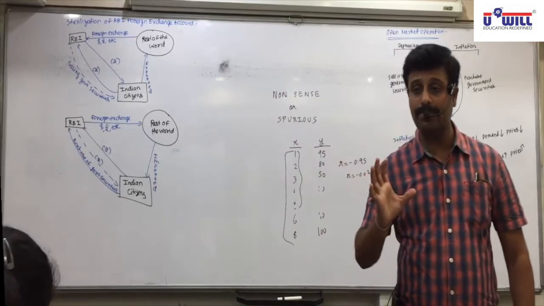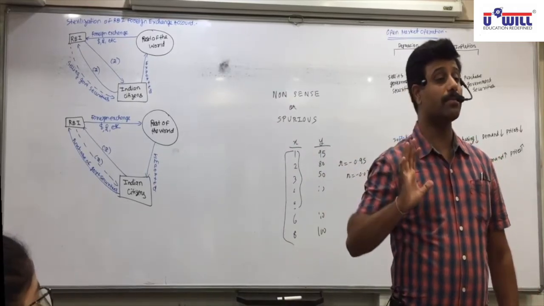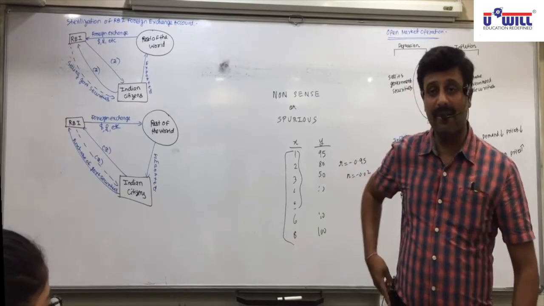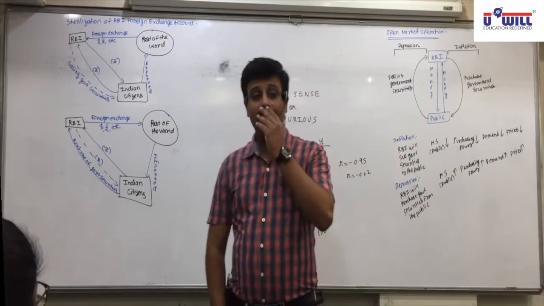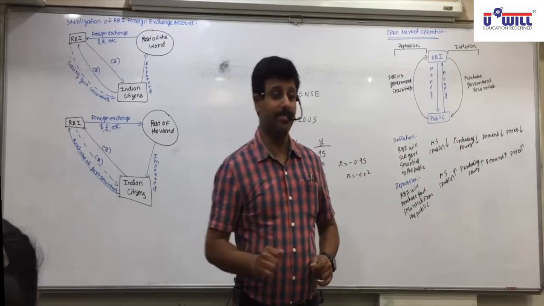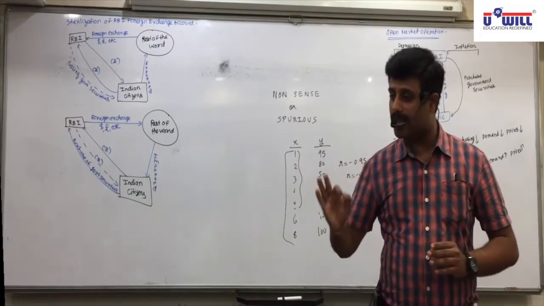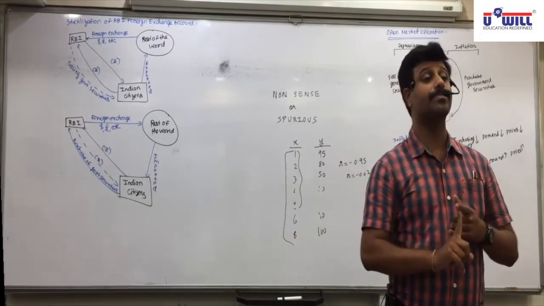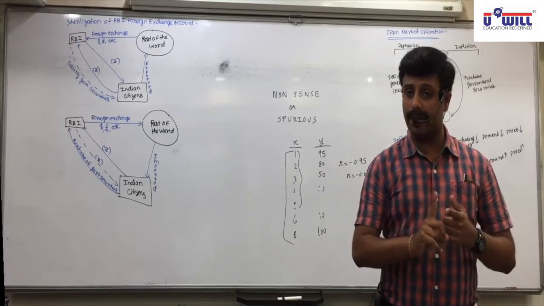So when the data is qualitative, you cannot use Karl Pearson's. You have to use rank correlation only. Okay, first condition: when the data is of qualitative nature.